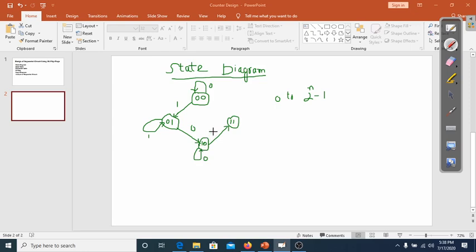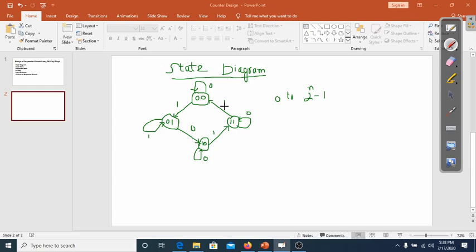For input 1, the next state would be 1 1. Now if the present state is 1 1, for input 0 the next state is 1 1, and for input 1 the next state is 0 0. So from this state diagram, we will extract the state table.